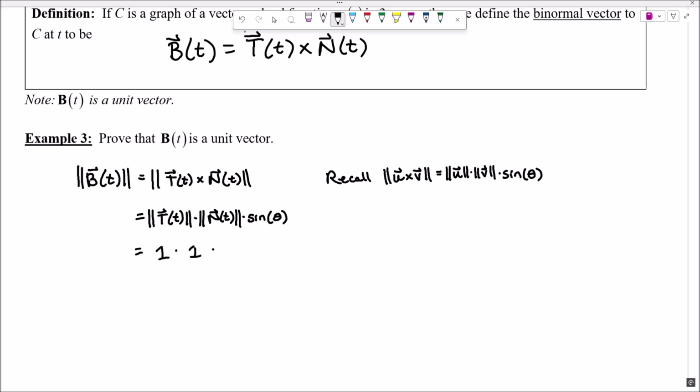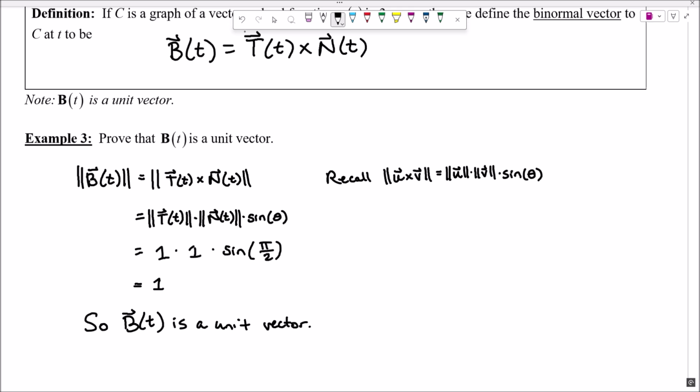And we know that these vectors are at a 90-degree angle, which means we're going to have the sine of pi over 2. We know that the sine of pi over 2 is equal to 1, and so the grand total of this is just 1, which means that the length of this vector is 1. And so we can say that B of t is a unit vector.